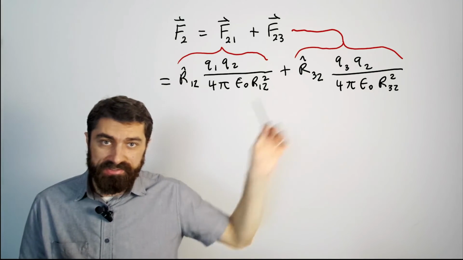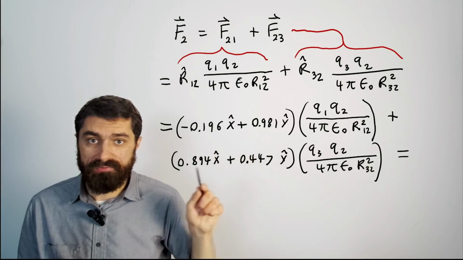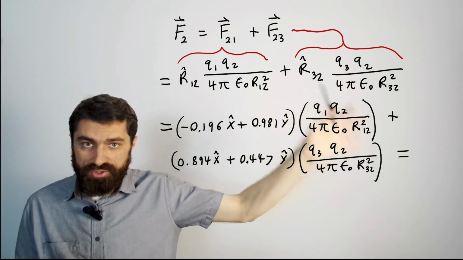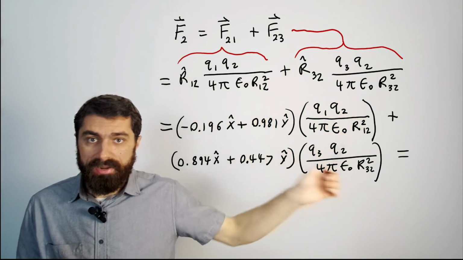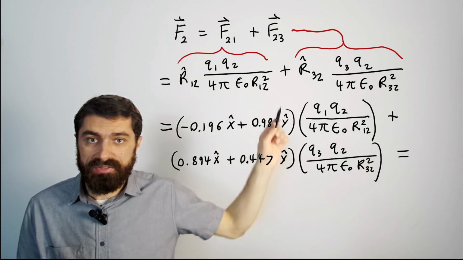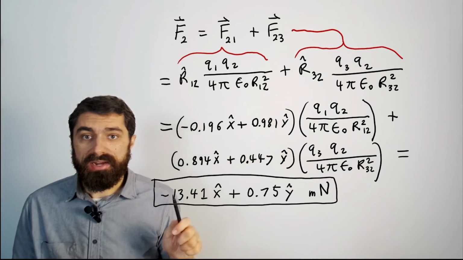But basically, you plug in these unit vector values that we got there. Then, of course, you do your algebra, distribute this term, and eventually add these x hat parts together, add the y hat parts together, and combine that, and I get this.